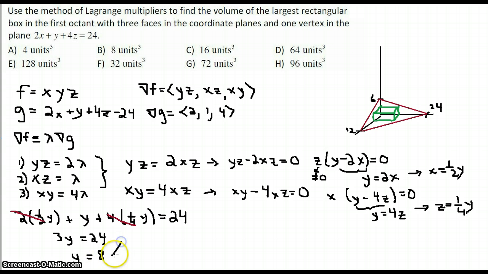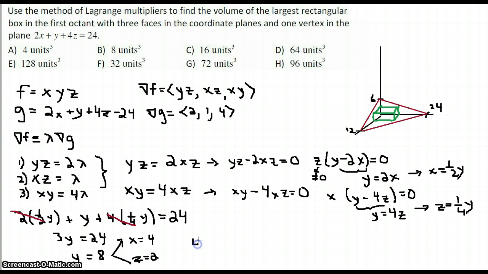And if y is 8, then x is half of that, 4, and z is a fourth of that, which is 2.